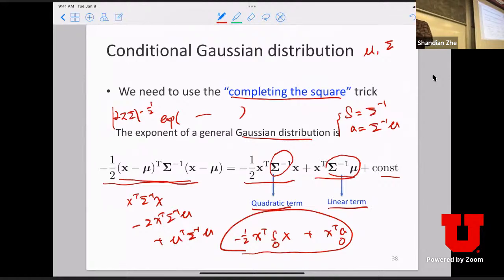This is called the completing the square trick. Now let us apply this trick to get our conditional Gaussian.